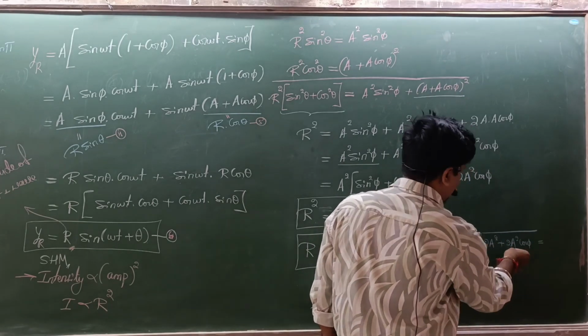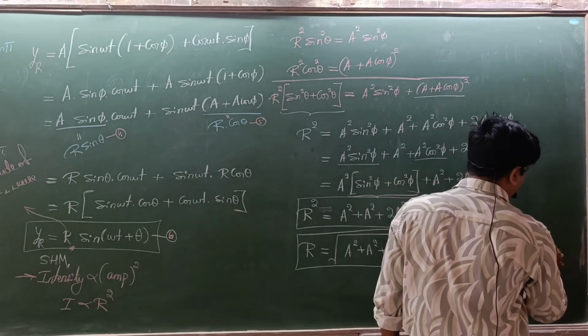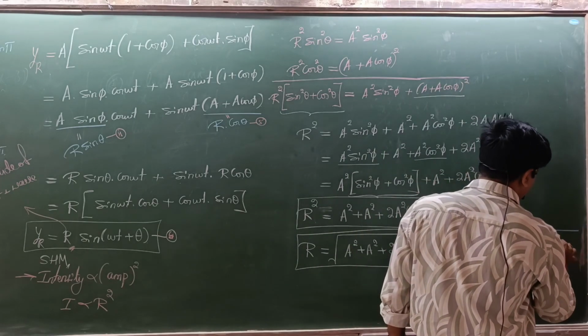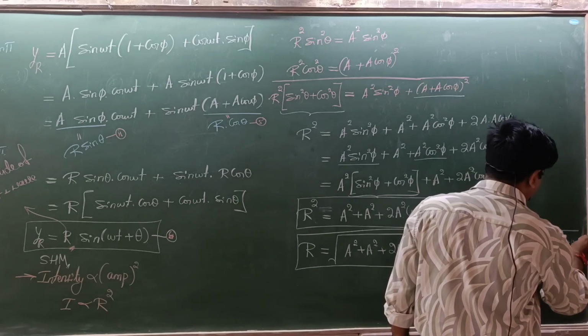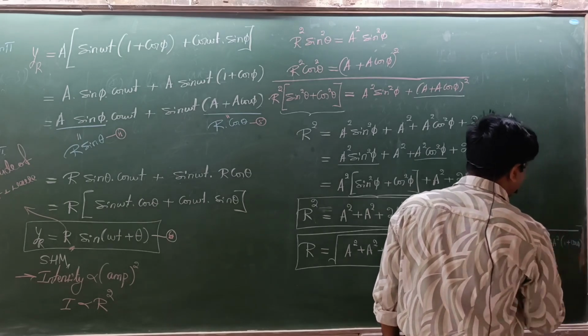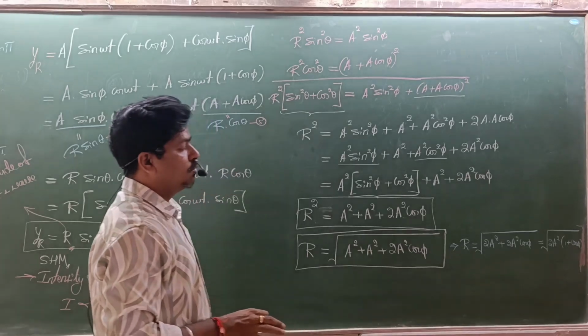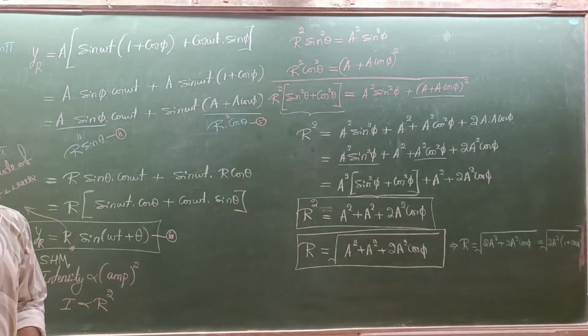Taking 2a square common, root of 2a square common, 1 plus cos pi. So this is the expression of the magnitude of the resultant wave's amplitude.